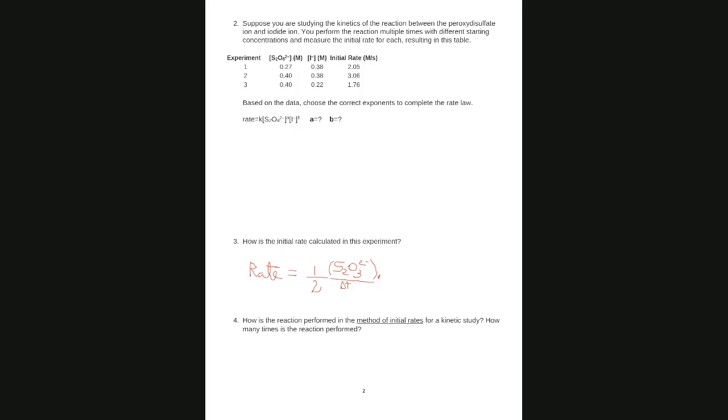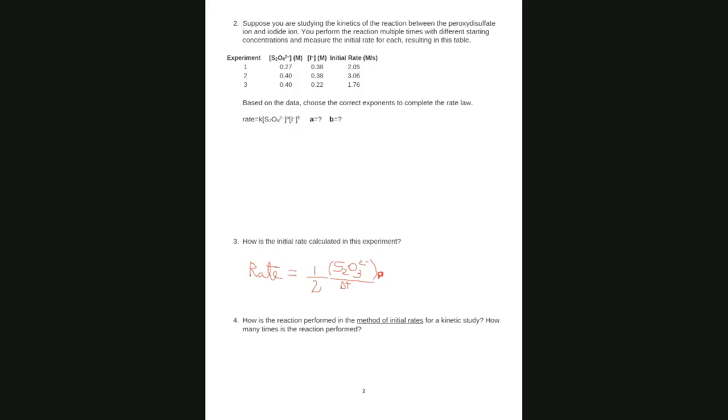So this little 0 is the initial concentration of thiosulfate divided by the time provided and multiplied by half. And that comes from the equation that I showed you before. But this is how we are going to calculate the initial rate in this experiment.